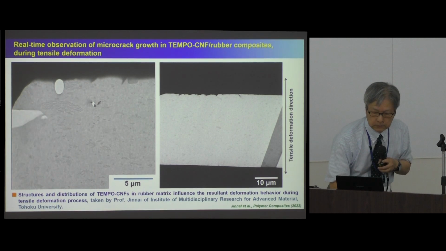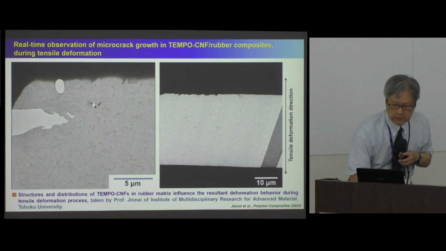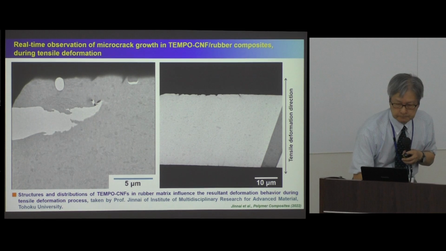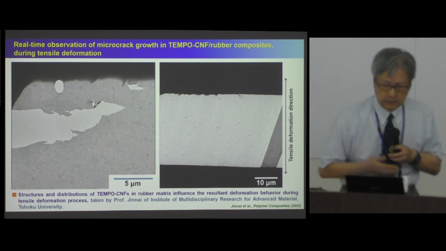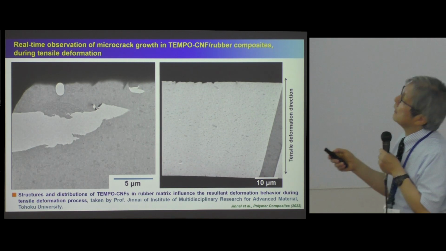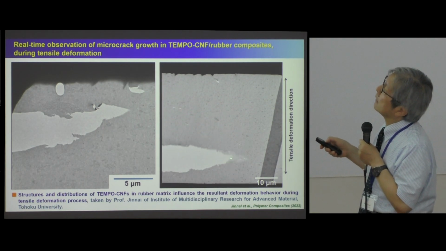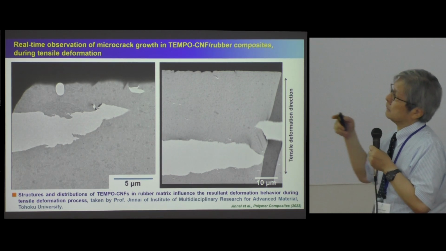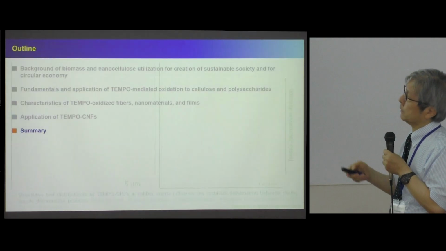You can see real-time TEM images of how the deformation occurred. It looks like the interface between the cellulose nanofiber and the rubber causes such deformation.